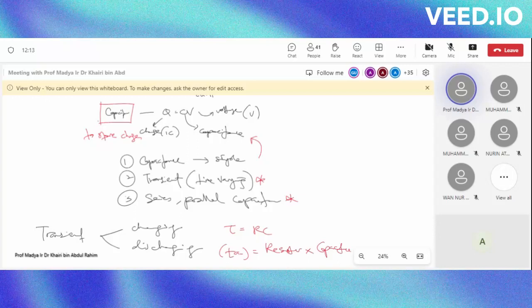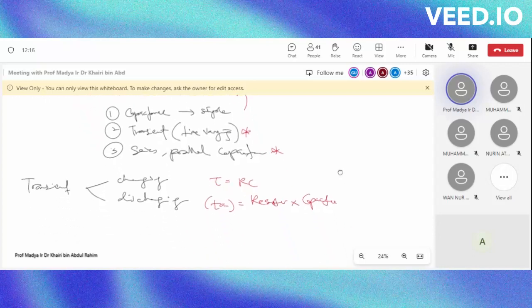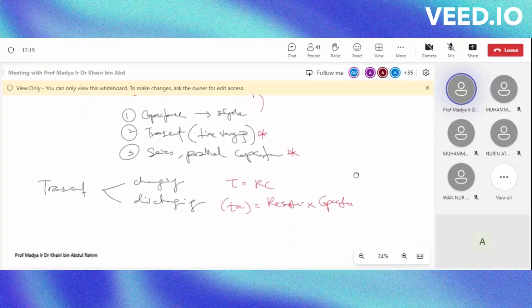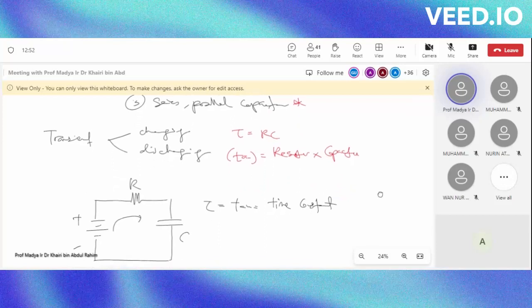Okay, so in a network, let's say in a network of, okay, so tau, the time constant, is the time taken for the transient period to happen.